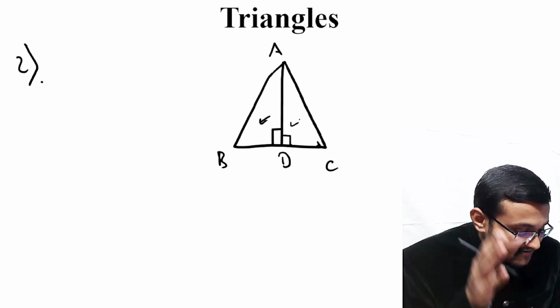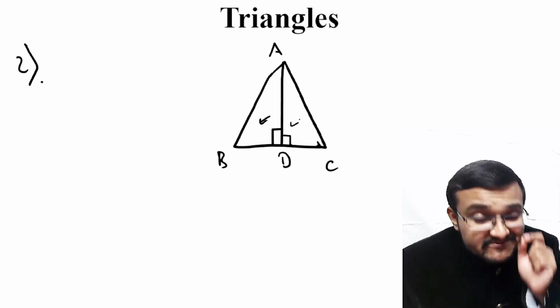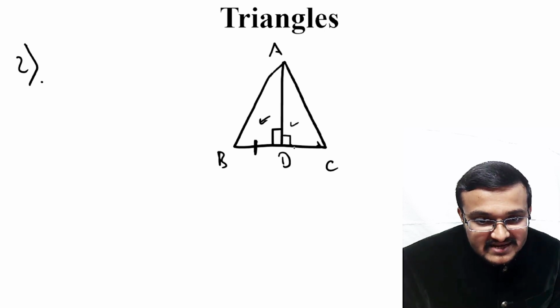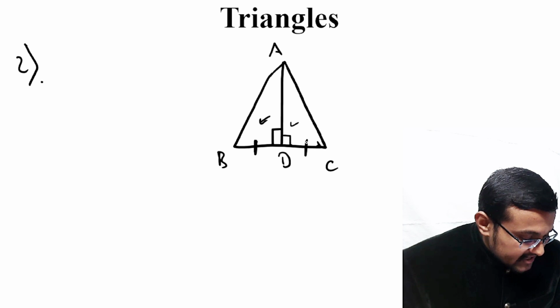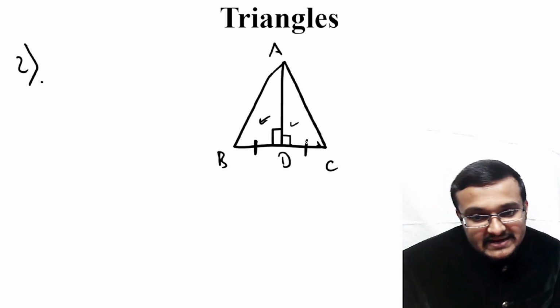Now here they have given AD is perpendicular bisector of BC. And they have specifically mentioned AD is the bisector of BC. So that means this side and this side will be equal to each other. So now you have to prove that triangle ABC is an isosceles triangle.